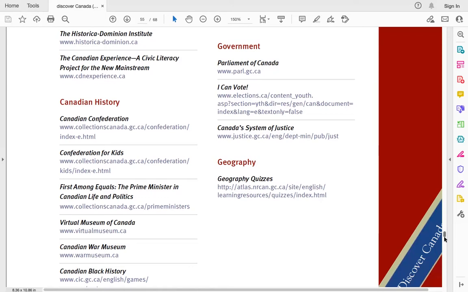I can vote, www.elections.ca/content_youth.asp. Canada's system of justice.